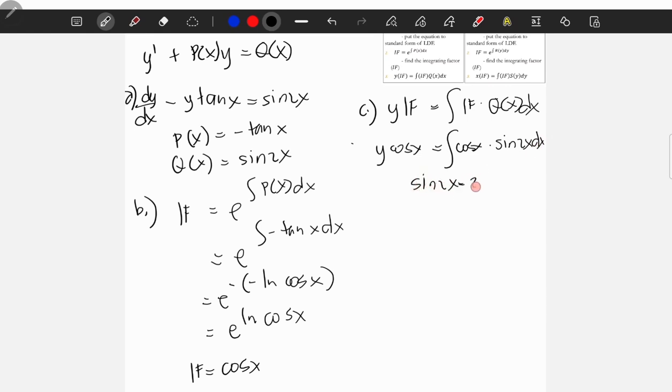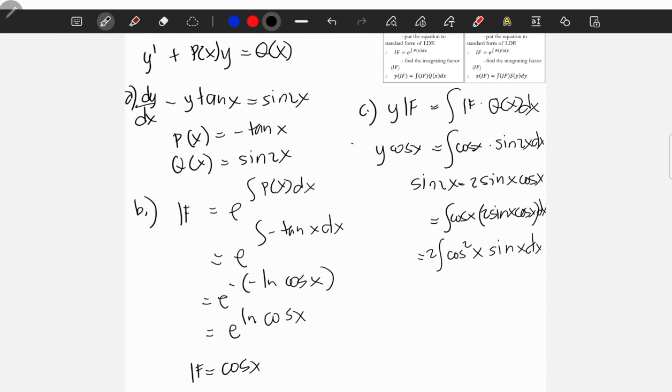Sine 2x is equivalent to 2 sine x cos x. So this is now 2 sine x cosine x dx. So we put the constant outside the integrand, then cosine x times cosine x, cosine squared x, then sine x dx.